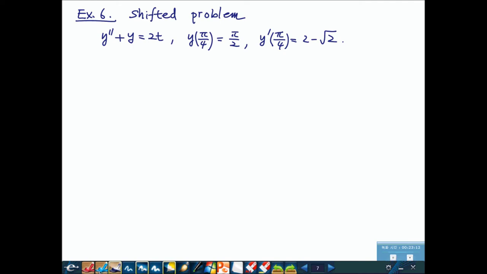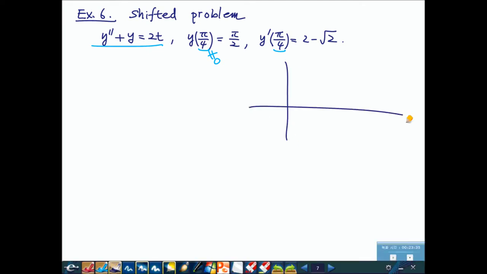The problem is, with the Laplace transform, you can easily solve it. The problem is this: the initial condition does not start from time 0, but from somewhere other than 0. Then everything gets screwed, right? So what we want to do is substitution.